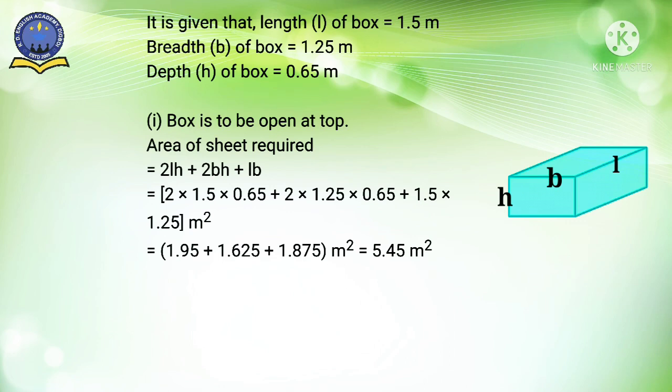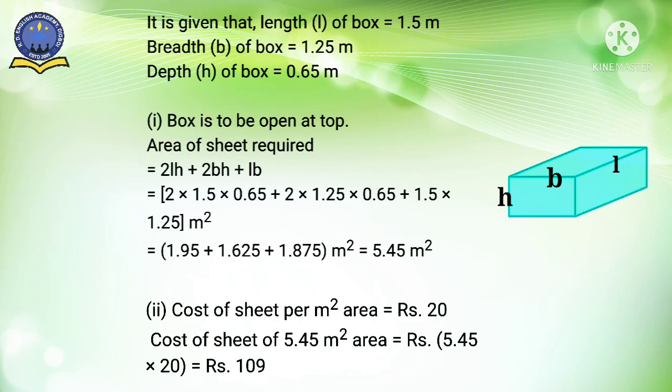Is it clear? Now the next question: we have to find the cost. The cost of the sheet per meter square is rupees 20. How many meter square do we have? 5.45.